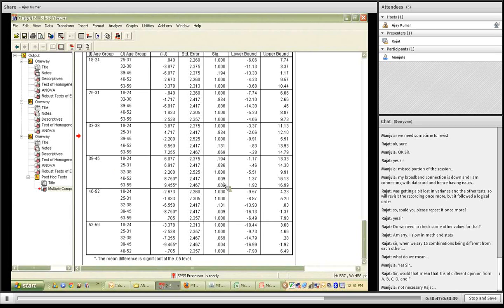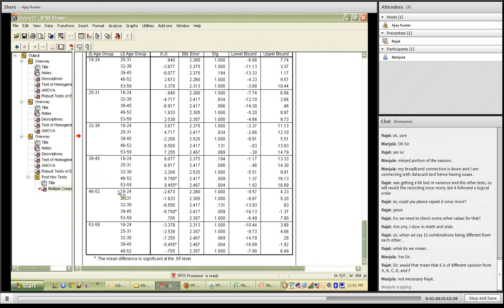So I'm only talking of this combination now, right? And then I'm talking of this combination, 39 to 45 and 53 to 59. You see the asterisk here. You see the value is less than 0.05. This is the significance value, the p value. So it is only these two combinations that are different from each other, but it is not the case that D, which is 39 to 45, is different from A. It is not different because this value is much larger than 0.05, right?